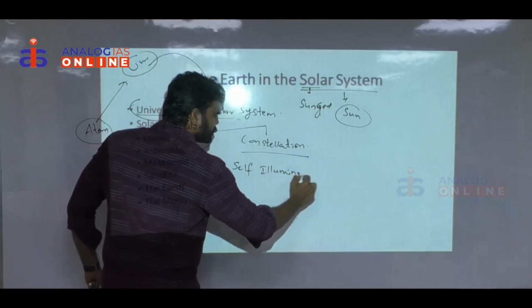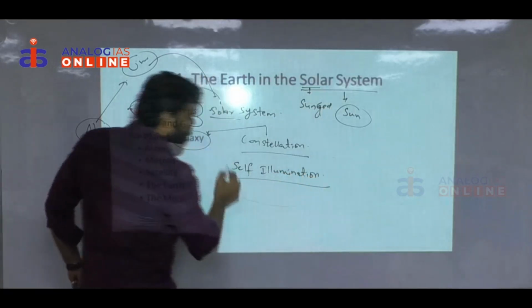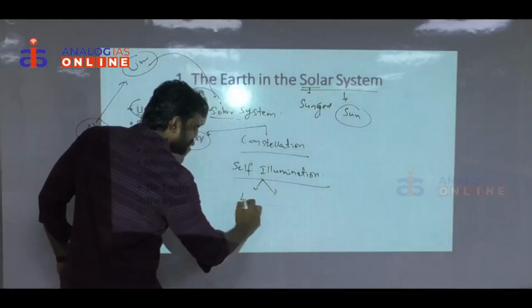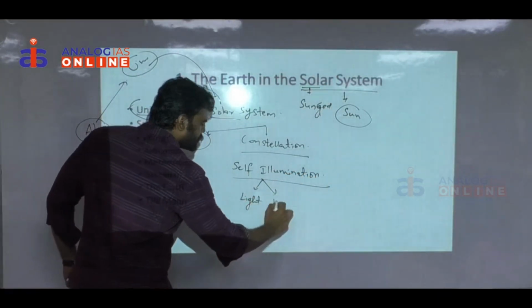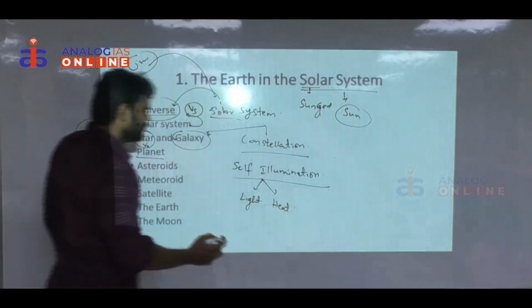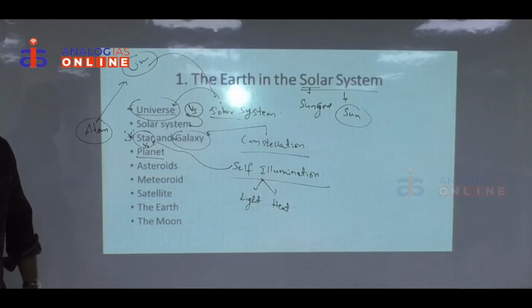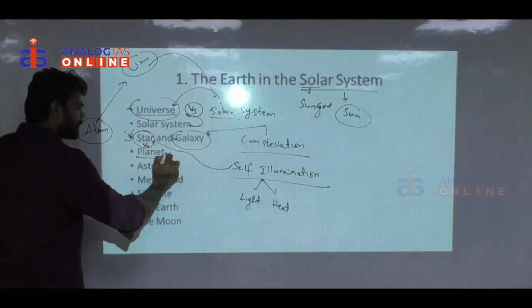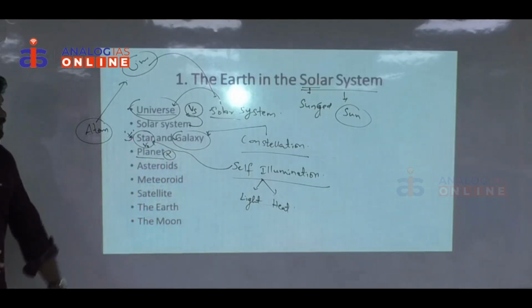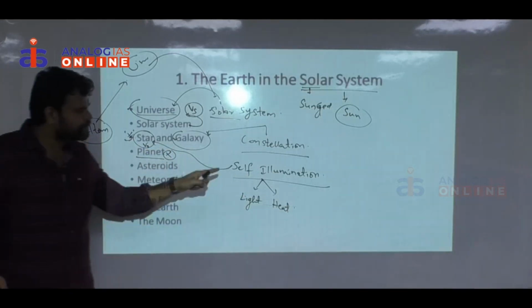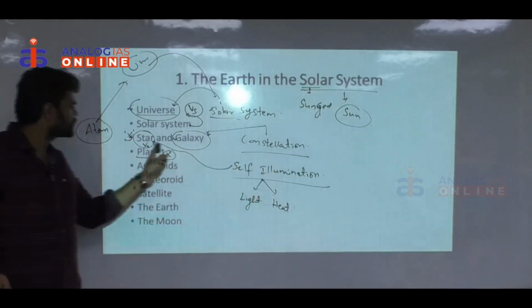What is meant by that? They have the capacity to emit light and heat. The self-illumination capacity is the characteristic feature of stars. But when it comes to the planets, it is not. Then what could be the reason for this? What could be the reason for the self-illumination feature on the part of star?